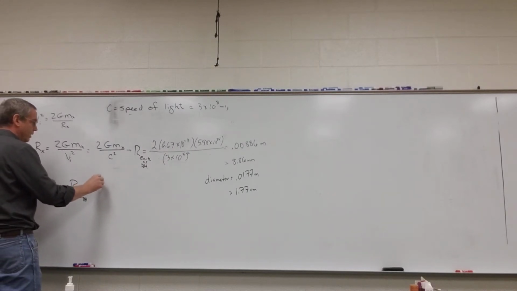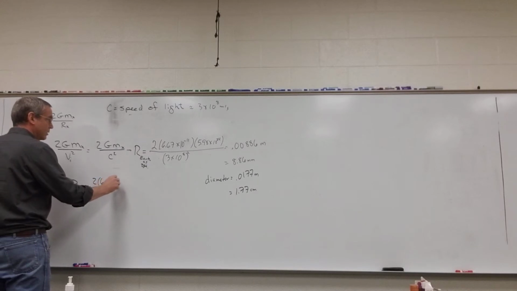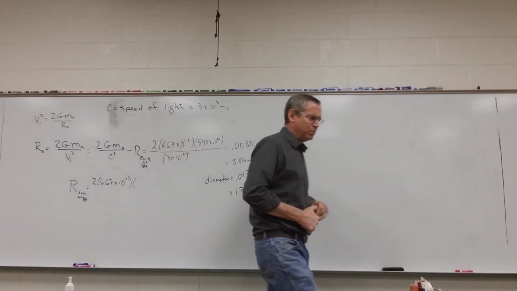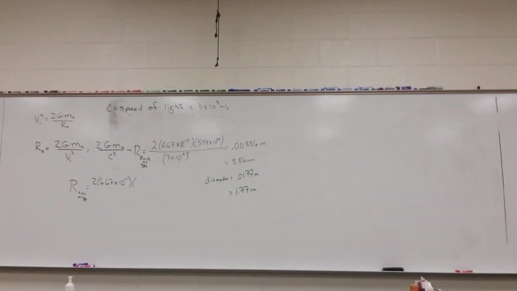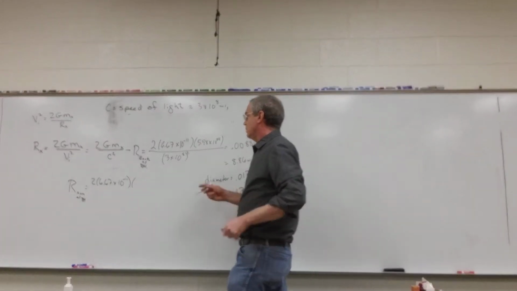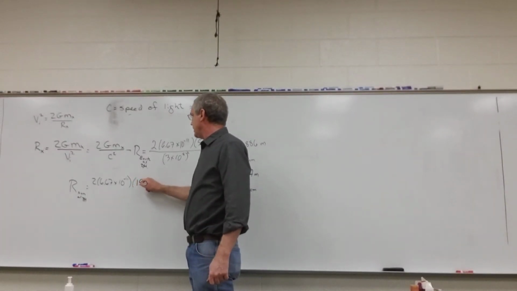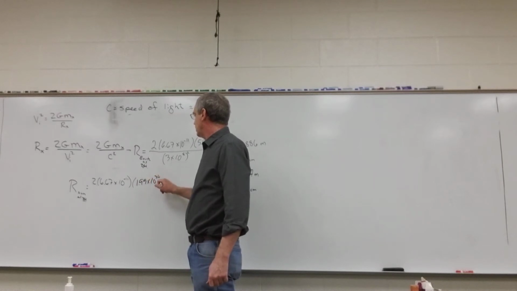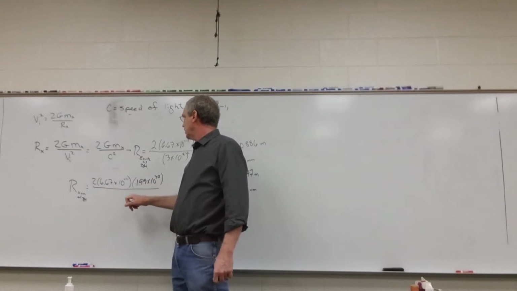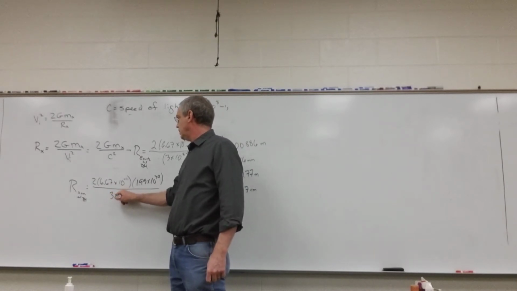We have 2 times 6.67 times 10 to the negative 11th times the mass of the sun, which I think is 1.99 times 10 to the 30th, but let me look that up. Yes, I remembered correctly. So 1.99 times 10 to the 30th kilograms divided by the speed of light squared.